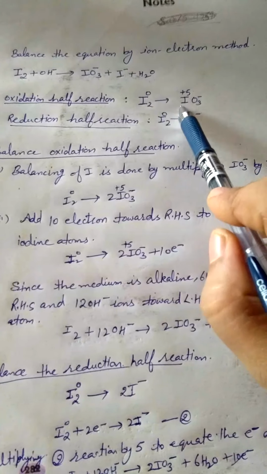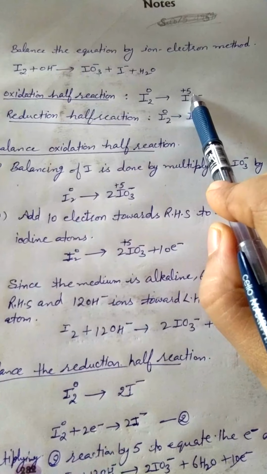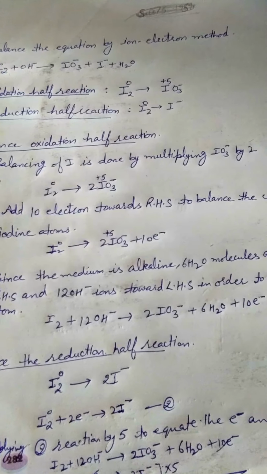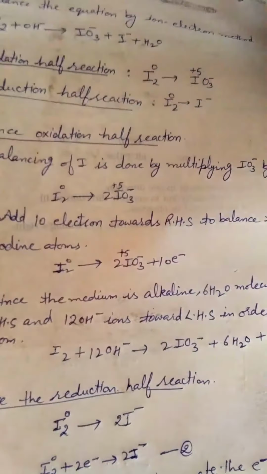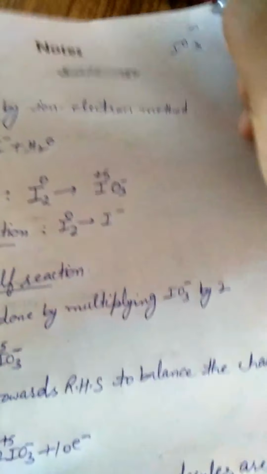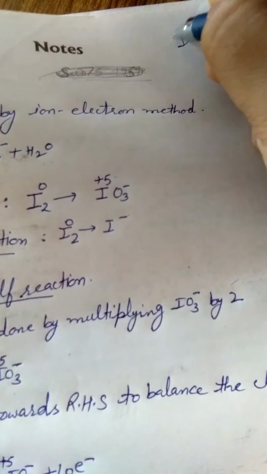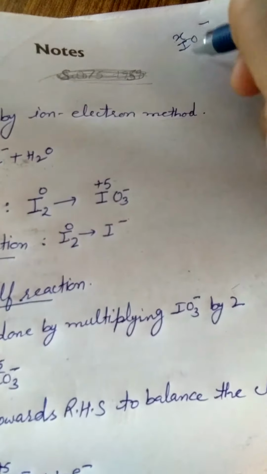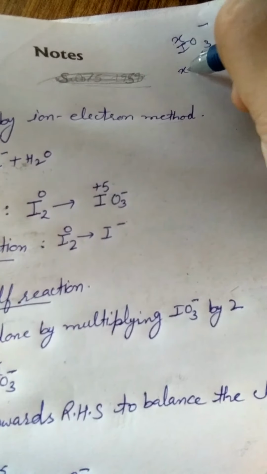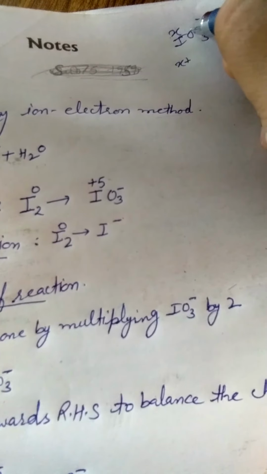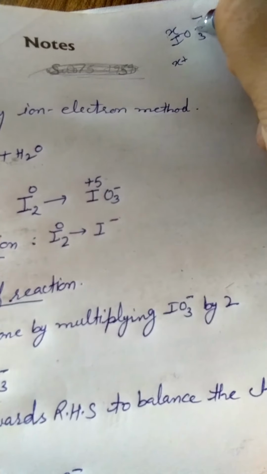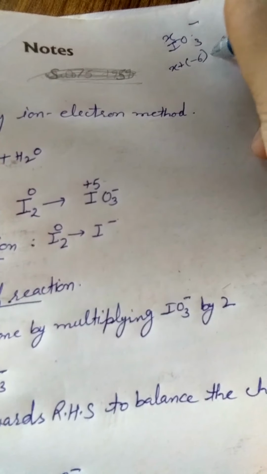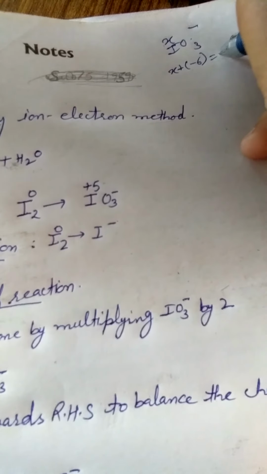You know very well how to find this oxidation number. Now oxygen has -2 in IO3 negative. Suppose the oxidation number of iodine is X. So X plus the oxidation number of oxygen, -2, times 3, which means -6, is equal to -1.